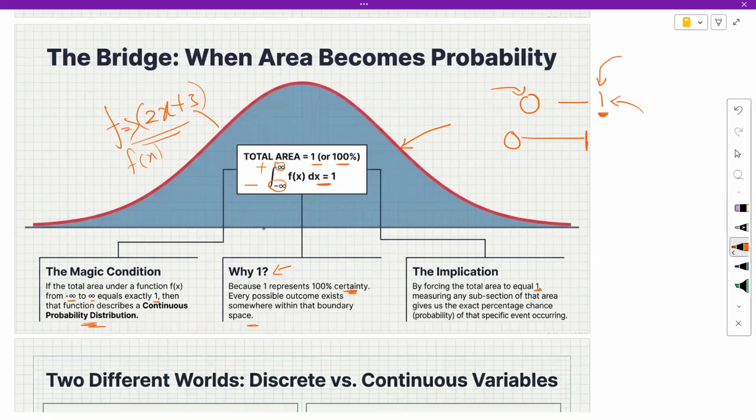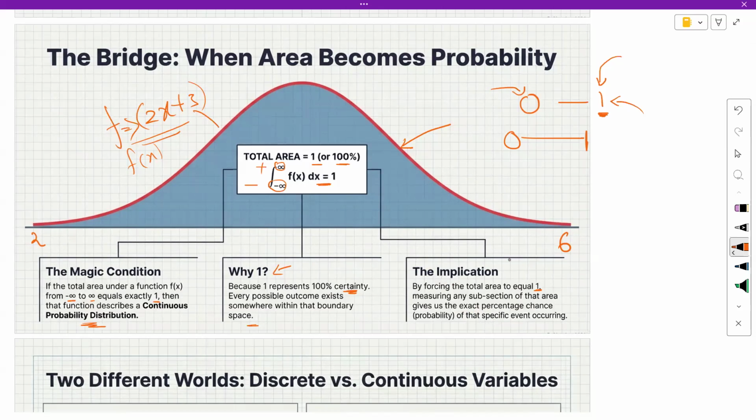For example, assume the two extreme values of x are 2 and 6. Between these 2 and 6, the total area equals 1 or 100%.